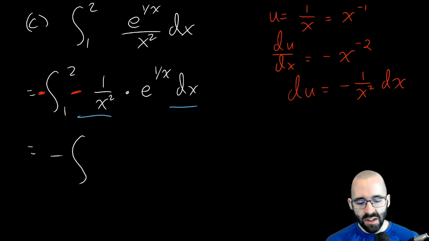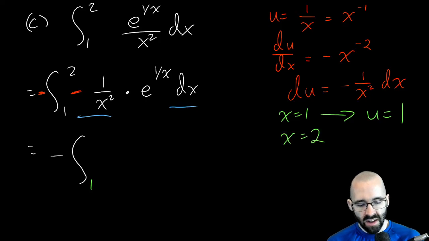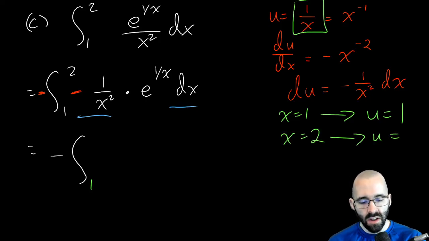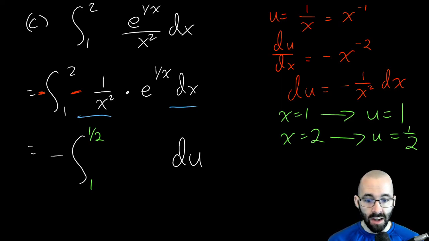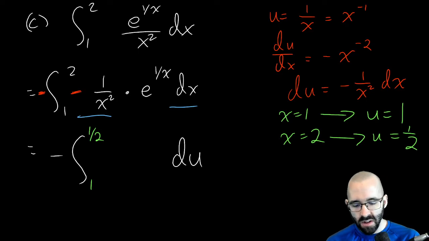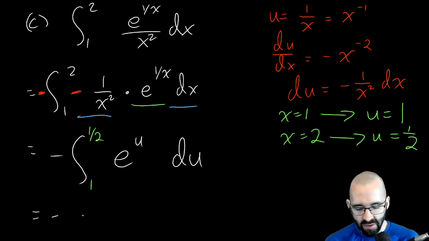Let's update our limits of integration. If x is equal to 1, that means u is 1 over x. It's still 1. If x is equal to 2, u is 1 over 2, 1/2. And now everything in blue becomes du. That rhymes. And all that we're left over is this green guy, which is just e to the u. Antiderivative of e to the u is itself, evaluated from 1 to 1/2.